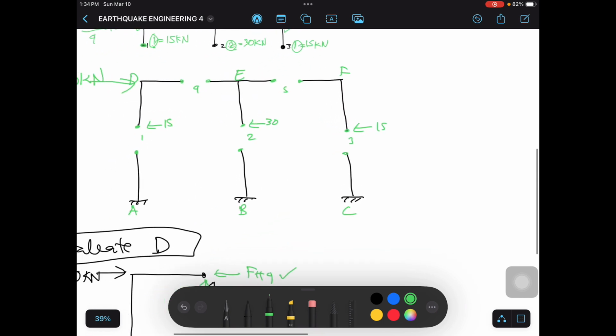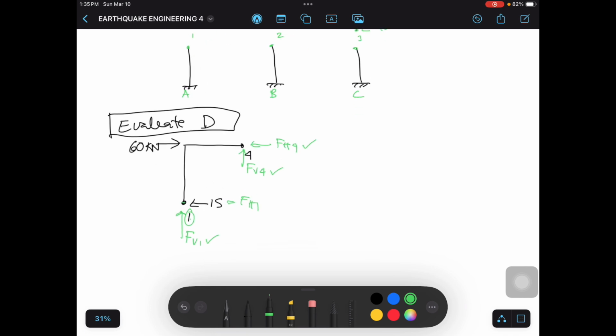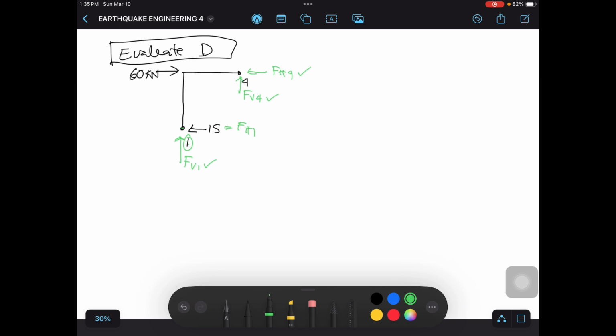So, pag nakumpleto mo to, nakuha mo yung tatlo, you can go to segment E or segment A para makumpleto mo yung mga vertical and horizontal forces niya. So, same dito, makukumpleto nyo. So, lipat lang kayo ng lipat. Basta don't forget yung law of action and interaction na kapag lumipat ka ng segment, ibabaliktad mo yung direction ng vertical and horizontal forces. So, let's evaluate segment D.